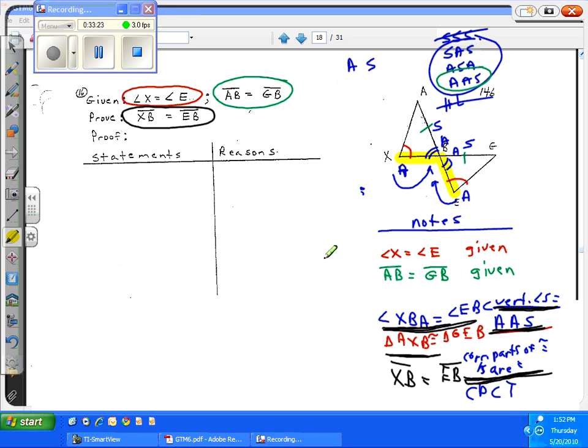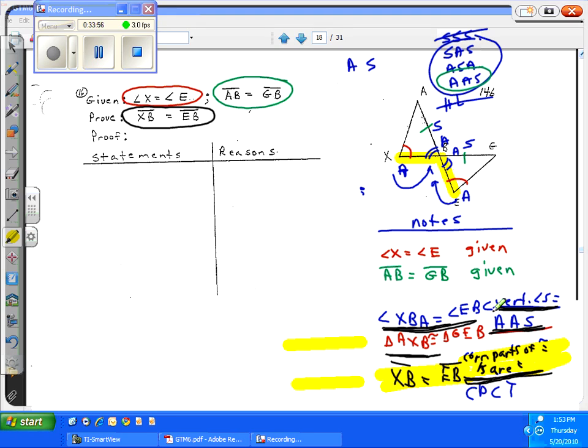We're going to check the statements and reasons from the bottom up. If I'm going to say corresponding parts of congruent triangles are equal, then I have to have congruent triangles. I'm going to say that these parts are equal because they're parts of congruent triangles. So I need this statement with this statement to make that reason. I have what I need, therefore this statement and reason are justified.